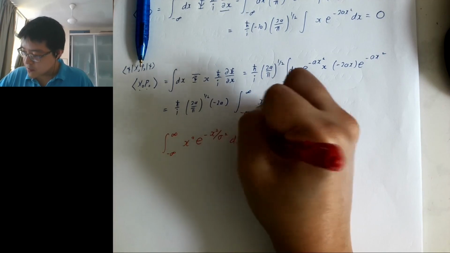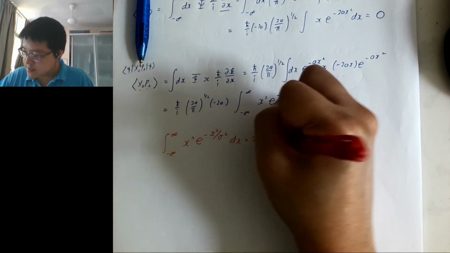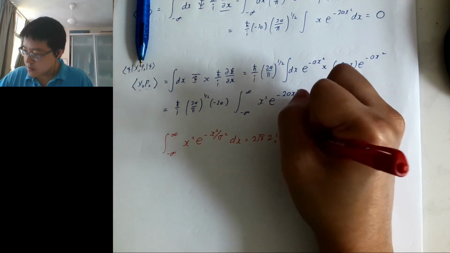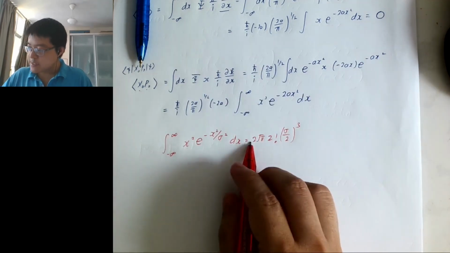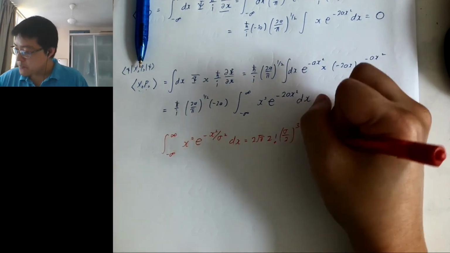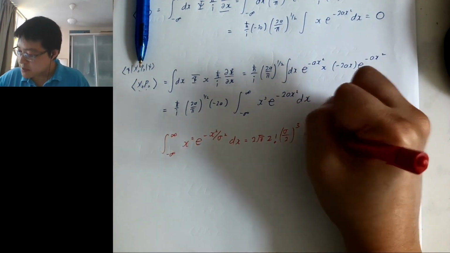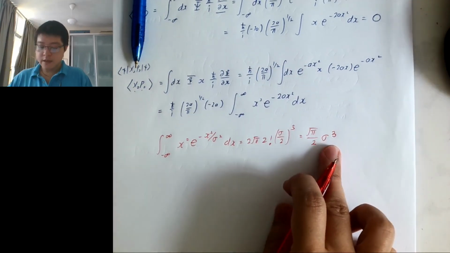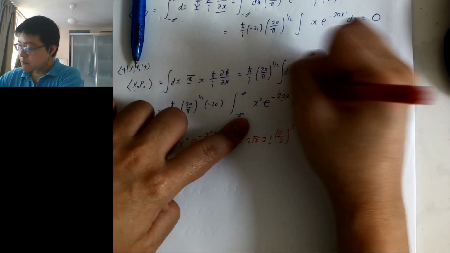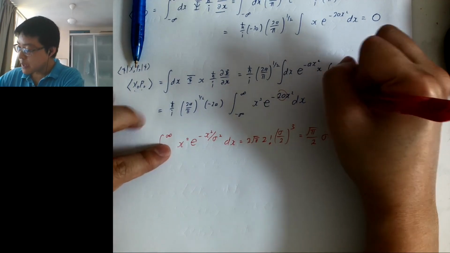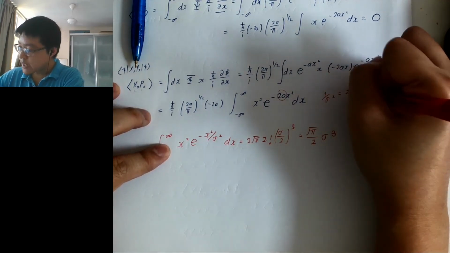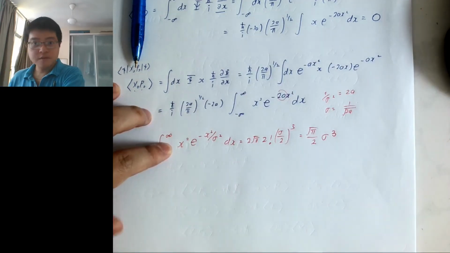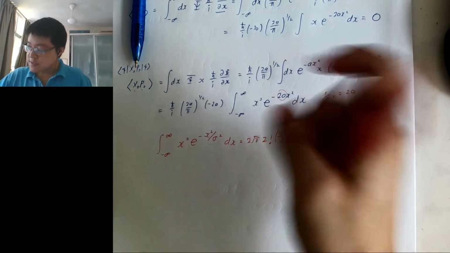The answer for arbitrary n, when you substitute n equals 1, you get this thing to the power 3. There's a 2, and 2 to the power 3 here. After you've simplified, this becomes square root of pi over 2, sigma to the power 3. Now for this problem, my 1 over sigma squared is 2a. Therefore my sigma itself is 1 over square root of 2a. So I use this as my sigma.